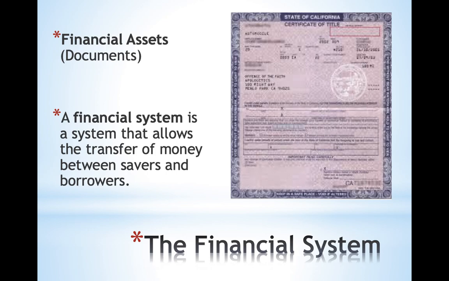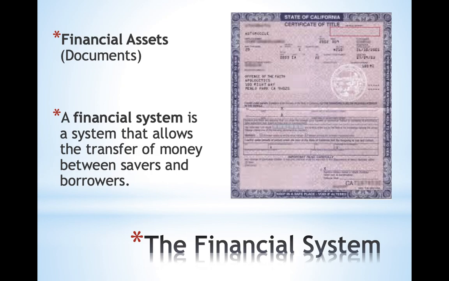Basically, what we look at with financial assets is that in a mixed economy and a market economy, you have the ability to exchange these different financial assets. When you talk about a financial system, if you are a saver, so you have money right now and you're saving it, you can invest it with the financial system. You can put it into stocks or bonds.